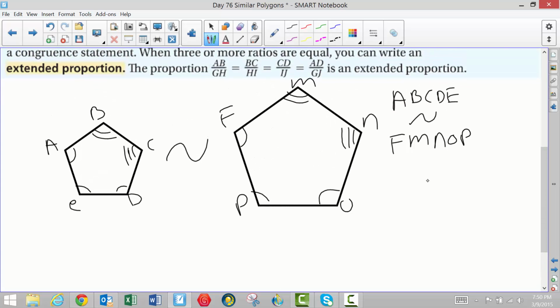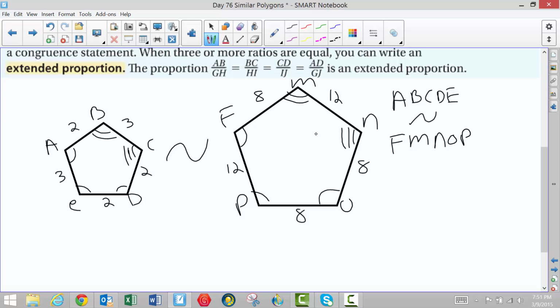Also, my side lengths have the same ratio. So here's an example. If I have side lengths of, in this case, 2, 3, 2, 2, and 3, then I'll do my new side lengths over here: 8, 12, 8, 8, and 12. So same shape, different size.